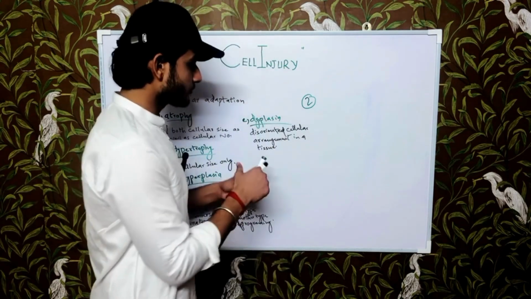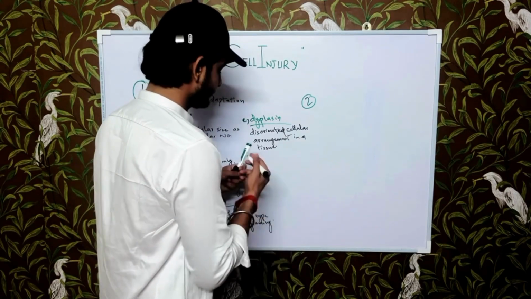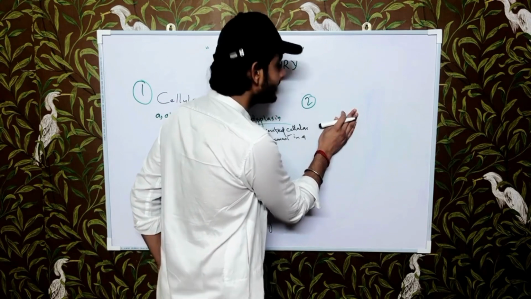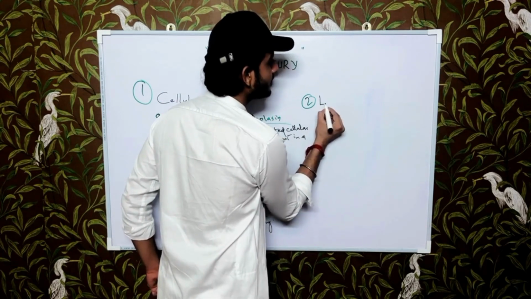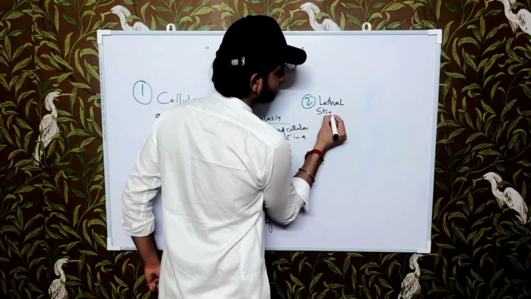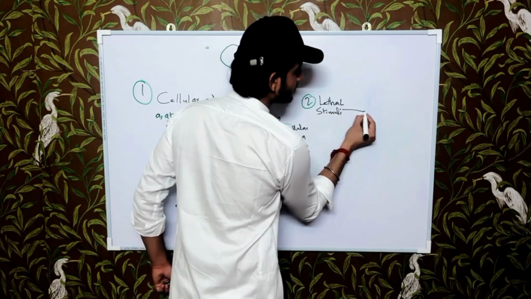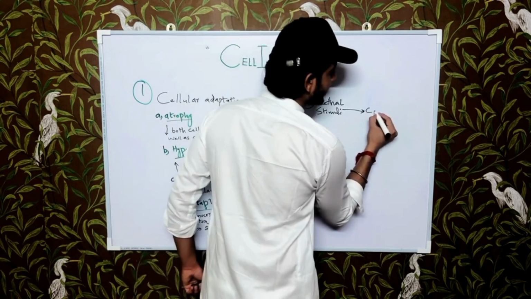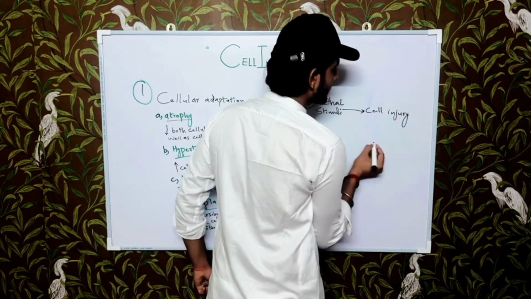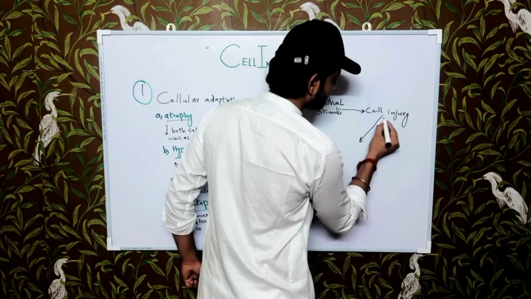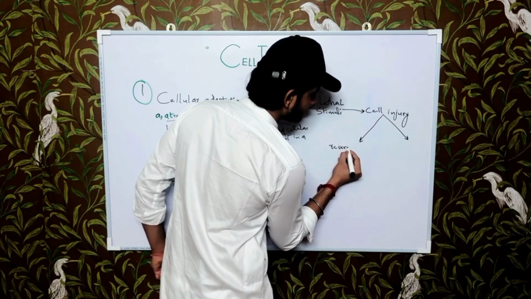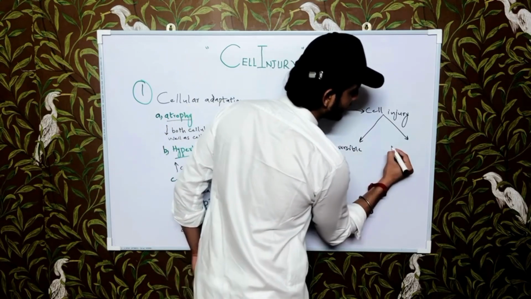Okay, so we are writing it. What should be the response of the cell due to any lethal stimulus? In this case, the stimulus is lethal. And what would be the response? The cell responds by cell injury. So cell injury is of two types. One is reversible cell injury, the other is irreversible cell injury.